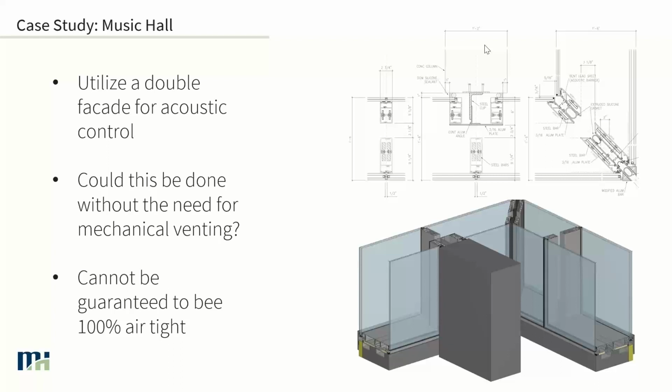The first intent was to have large places of glass so that for recitals or different performances, they could see out and get a nice feel for the surrounding area along with the music, to have a nice experience within that space. But at the same time, they wanted to have an acoustic buffer. Having those two large air spaces in there can help reduce some of that noise transfer from the exterior.